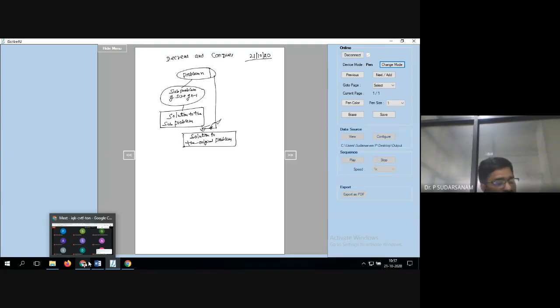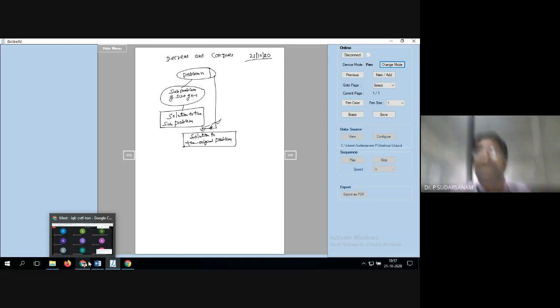Now, the topic is insertion sort. Already I have told you, but once again we'll discuss insertion sort also. Insertion sort.